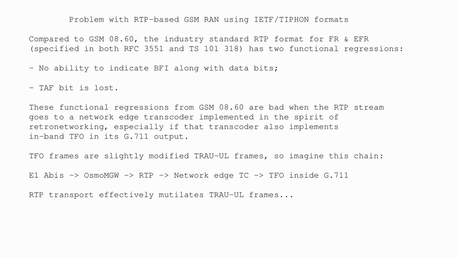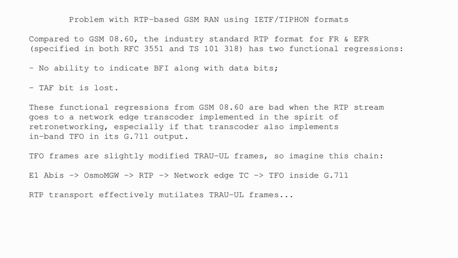One of the things still on my wish list, not done yet, is to implement TFO. I already covered TFO earlier, so you know what it is. TFO is this in-band protocol that exists inside a G.711 PCMU or PCMA sample stream. So I definitely want to implement the protocol someday, hopefully soon.